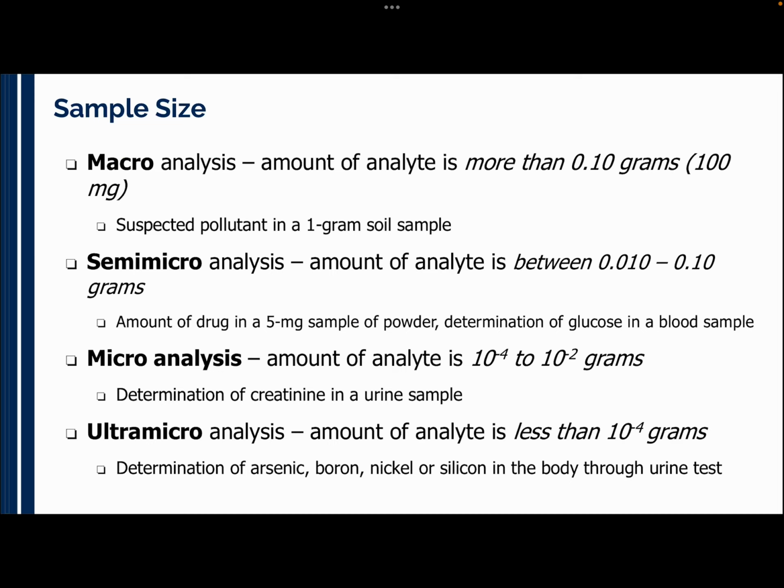And then we define analytical chemistry based on our sample size. So we have macroanalysis, semi-microanalysis, microanalysis, and ultra-microanalysis. So for macroanalysis, the amount of analyte is more than 0.10 grams or 100 milligrams.